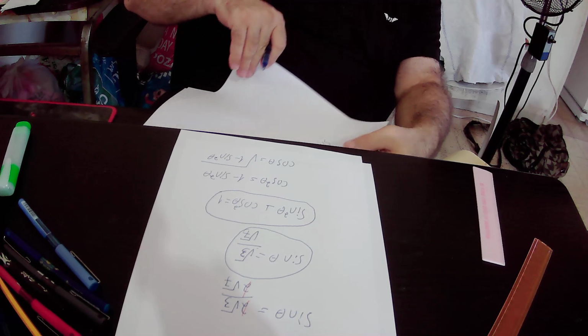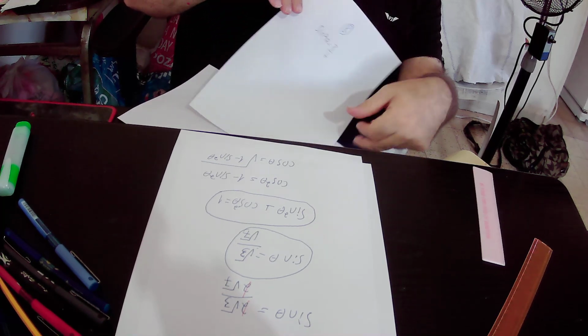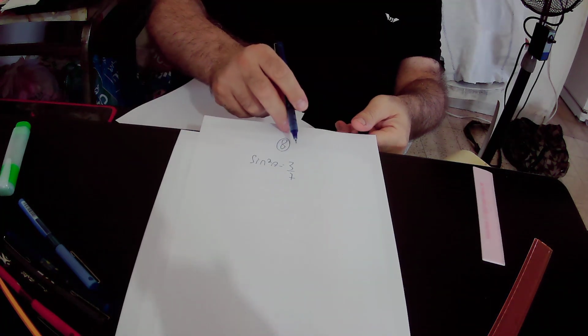So the value of sinus theta squared equals 3 over 7.